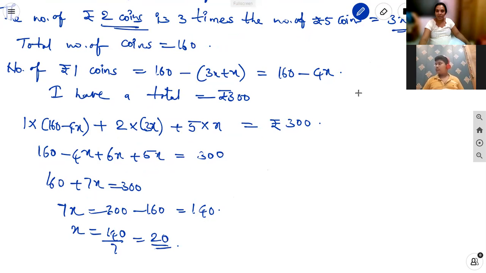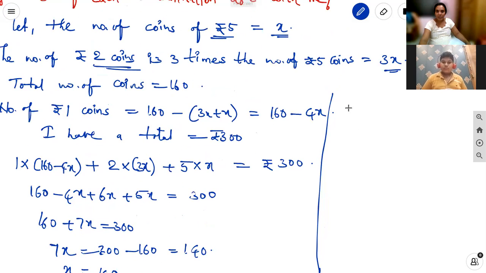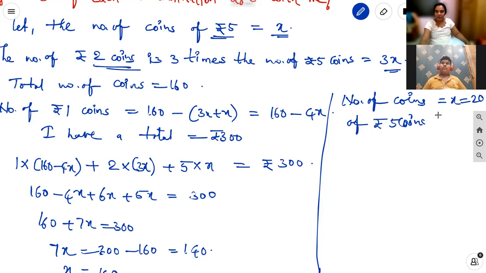So the number of coins, x equals 20. Number of 5 rupee coins, how many? 20 coins.